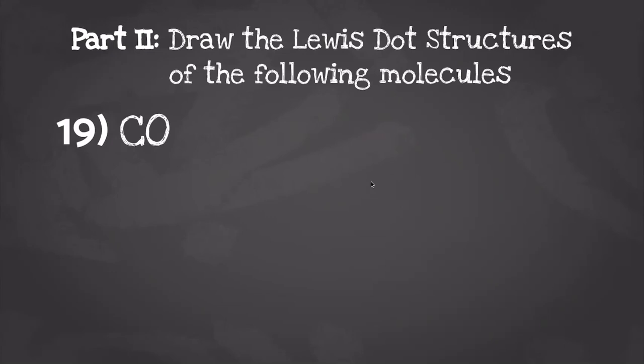Here we have carbon monoxide. Carbon is going to have 4 valence electrons, and oxygen is going to have 6 valence electrons. We know that each one of these is going to form more than one bond, so instead of having them share just one electron with each other, I'm going to move one of these electrons over.